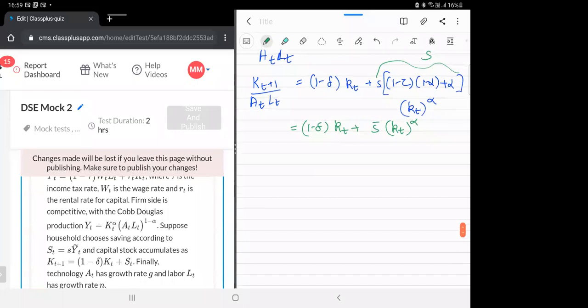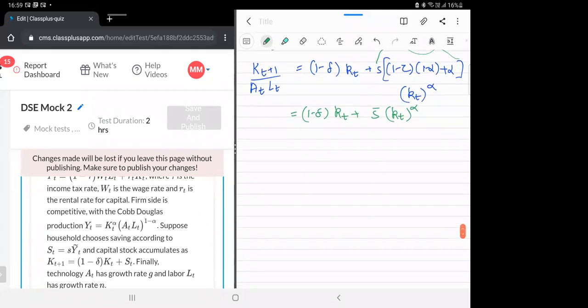Now what is k_{t+1}? k_{t+1} will be equal to K_{t+1}/(A_{t+1} L_{t+1}), which is equal to K_{t+1}/(A_t(1 + g) L_t(1 + n)).